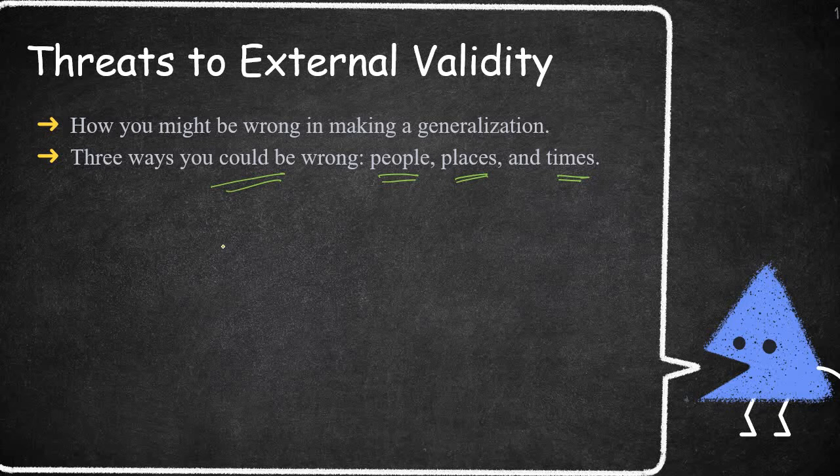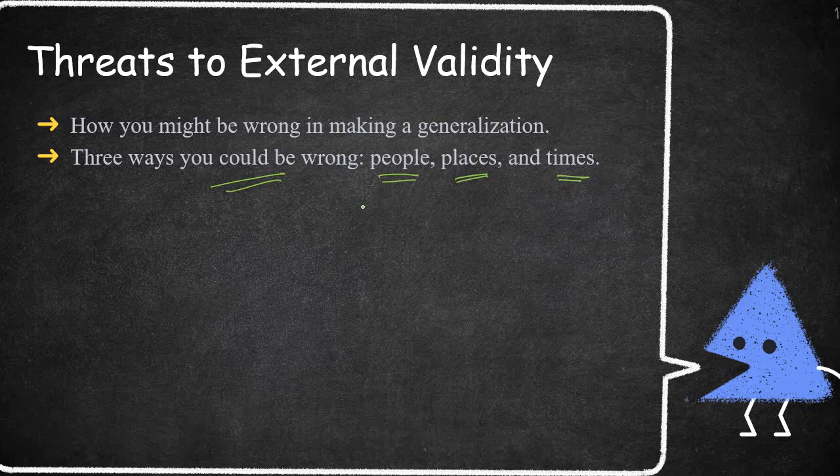You could not generalize back to normal days, for the simple reason that these things happen once in a while. Your critics might say that because the times are so different from normal time, you could not generalize your study back to routine. The same goes for places and people.